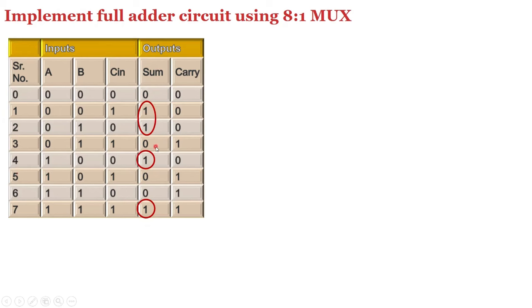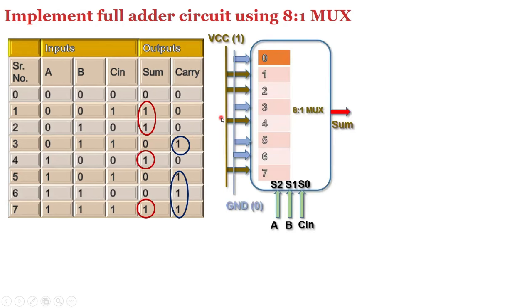Other min terms which are logic 0 are false. Similarly, for the carry column, min terms in the rows 3, 5, 6, 7 are marked as 1. This is where the output is equal to 1. Others are 0. So what we do here, we use the multiplexer 8:1.